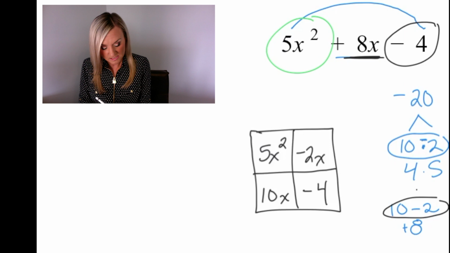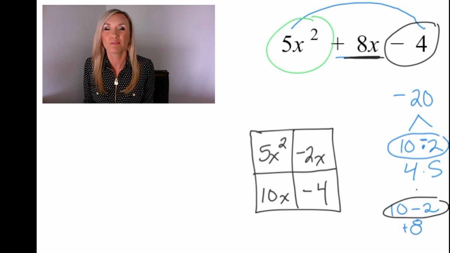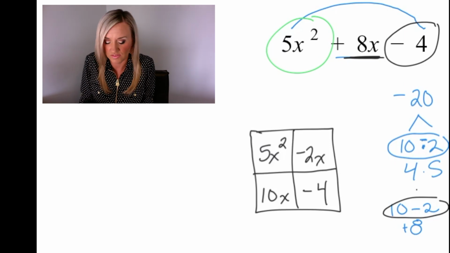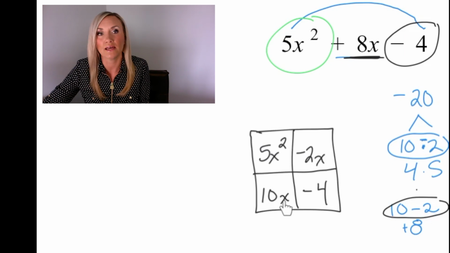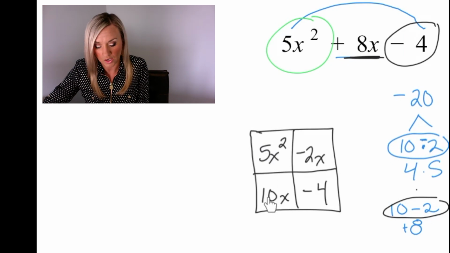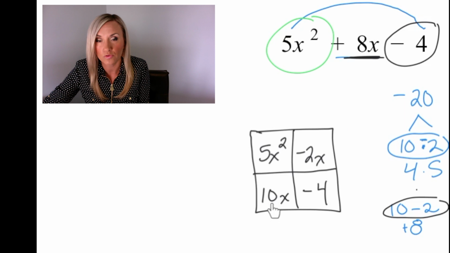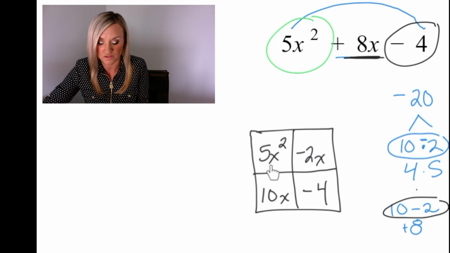All right, this next part is the most confusing, I think, but I believe in you. I think you got this, right? Take a look at this column right here, a 5x squared and a 10x. What is the greatest common factor that you can divide both of these by?